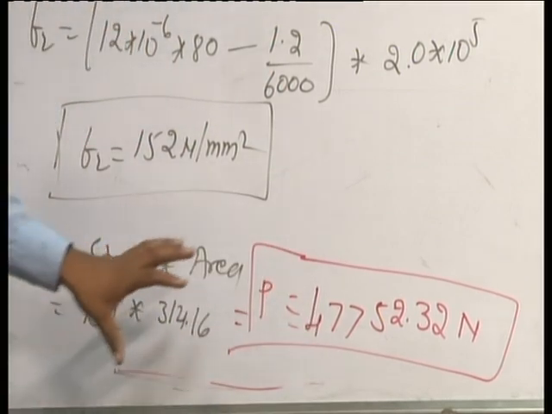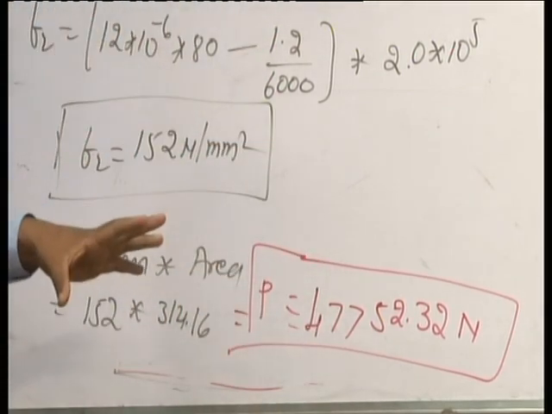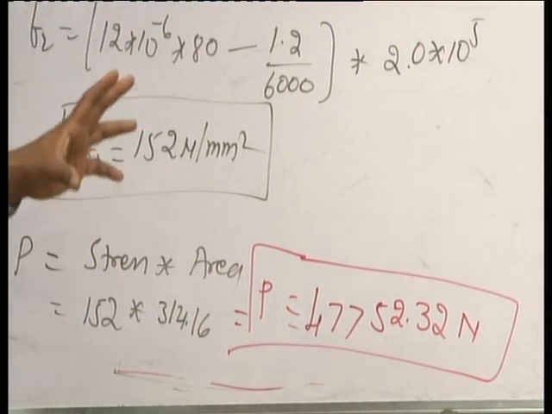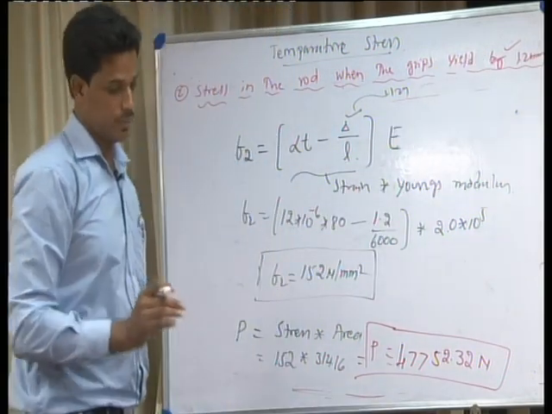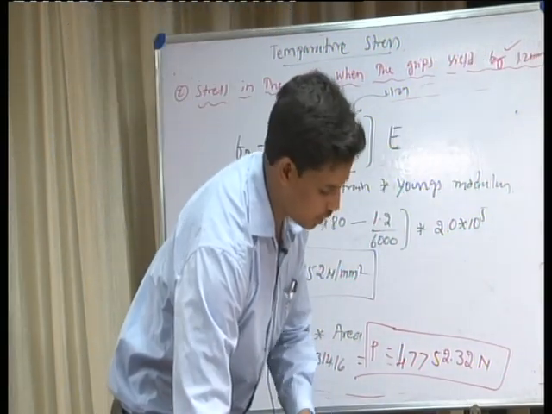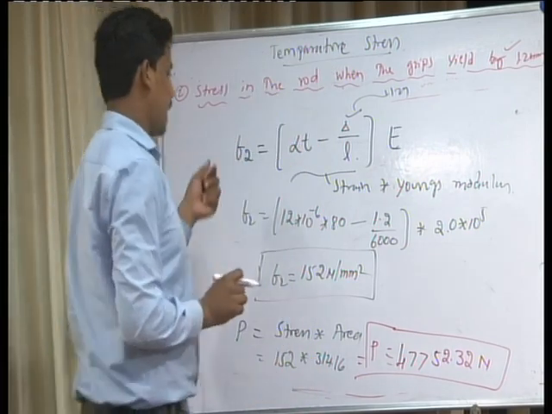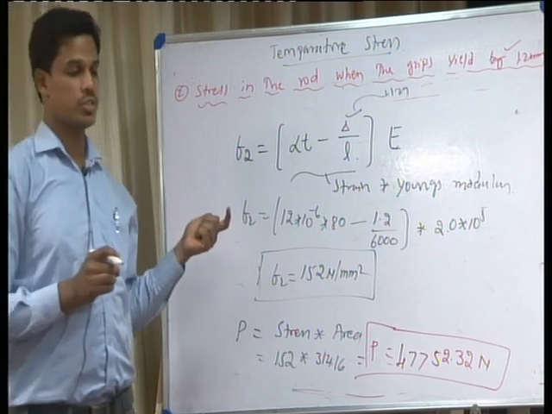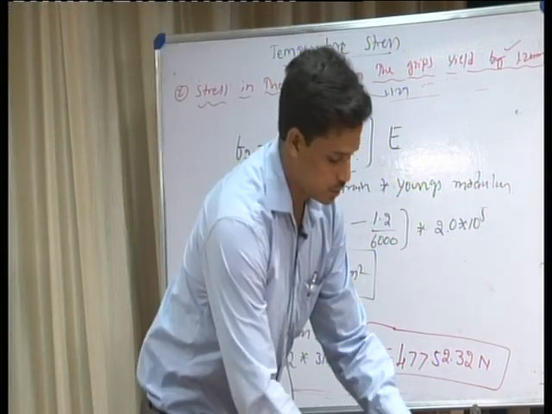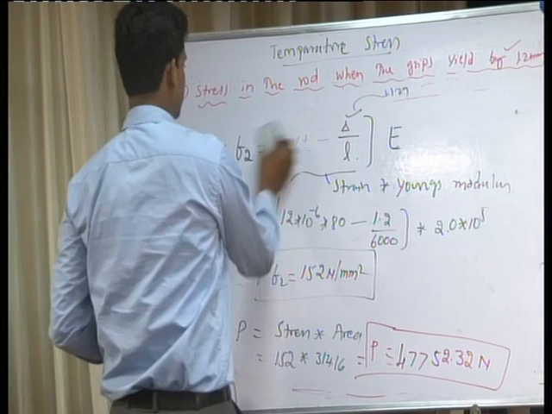This is the force exerted by the bar due to the temperature effect, in the condition that the grips yield by 1.2 mm. Almost all the problems in this chapter are the same: we have to calculate the stresses and the force shared by the material due to temperature effect.